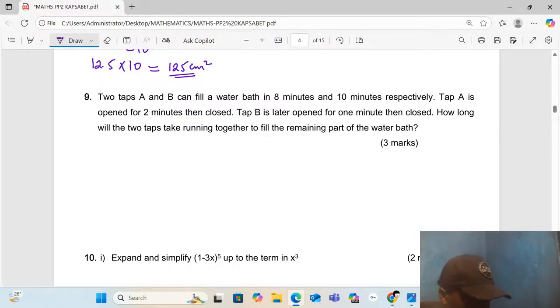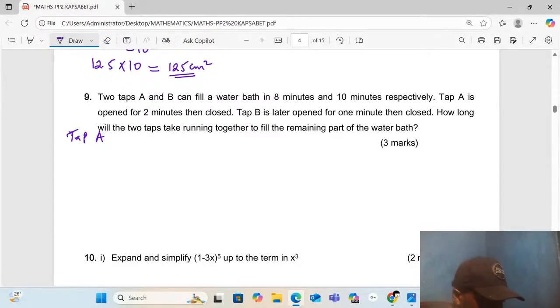How long will the two taps take running together to fill the remaining part of the water bath? So let's look at tap A alone. This tap A can fill a water bath in 8 minutes.